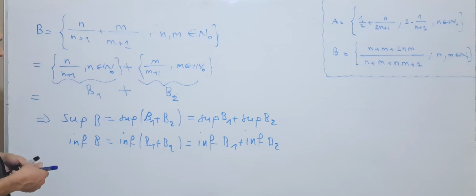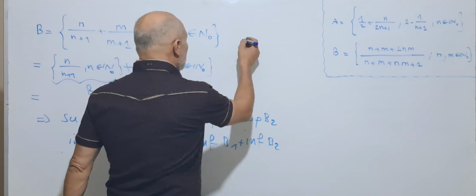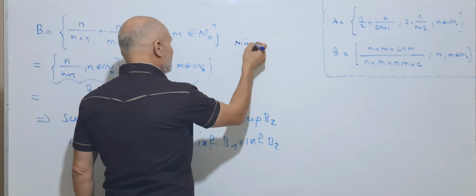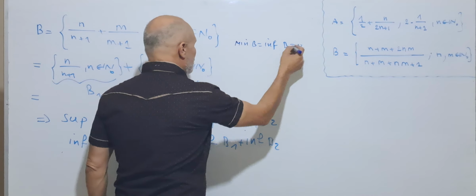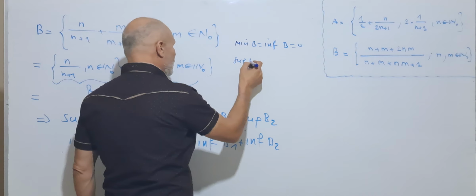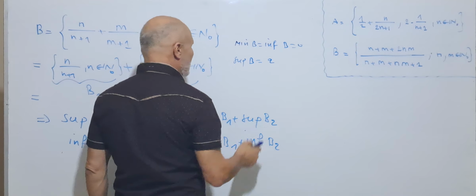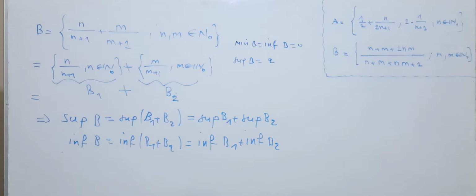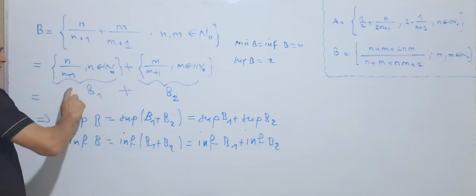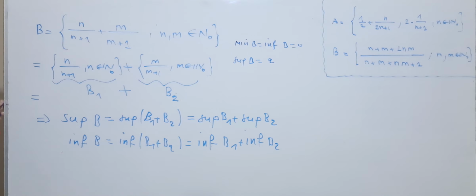So for B, the minimum of B equals the infimum of B, which equals 0, and the supremum of B is equal to 2. We can use the characterization for one of the symmetric subsets B1 or B2, since they define the same sets.